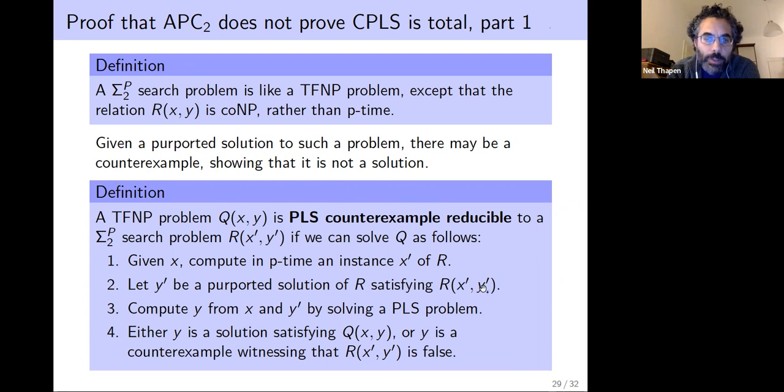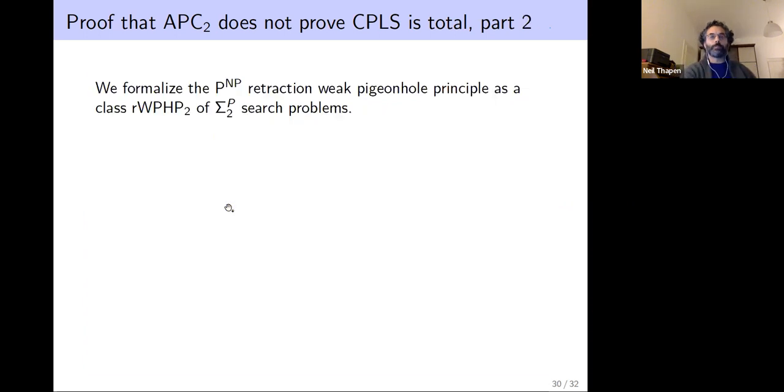We're given some solution to this sigma 2 problem, and it may or may not be a correct solution, but using it and using machinery to solve a PLS problem, we find some Y. And then either Y is the thing we wanted, or it's a counterexample showing that this thing is false.